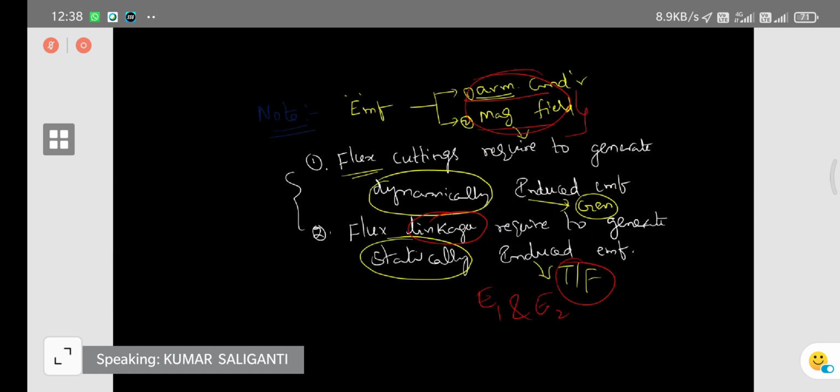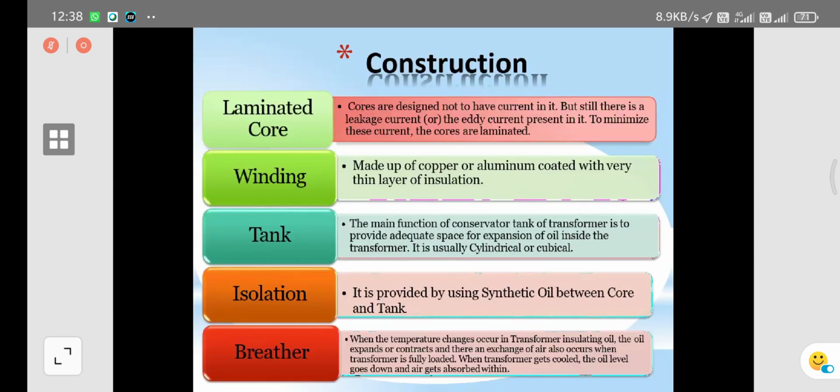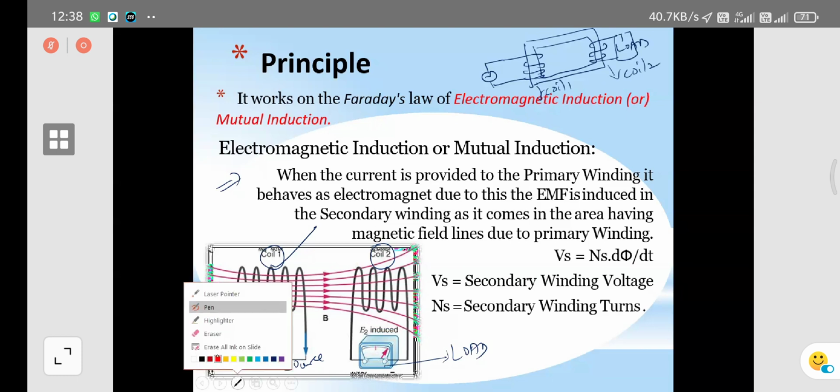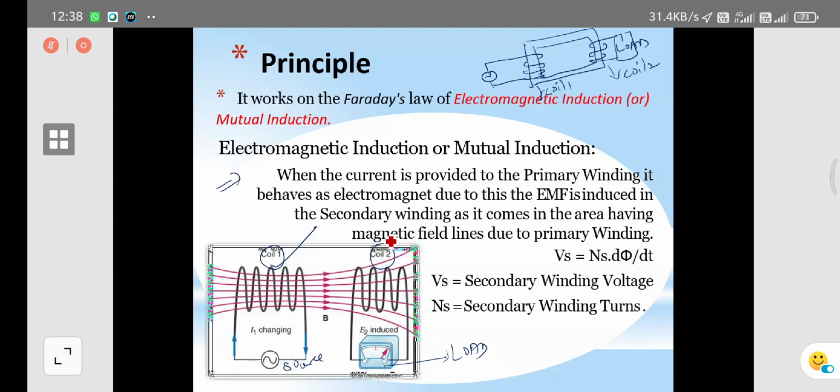Coming to this part, flux linkage is required.